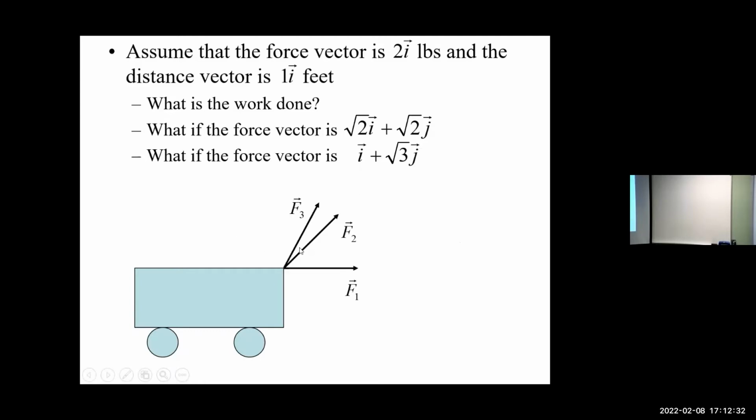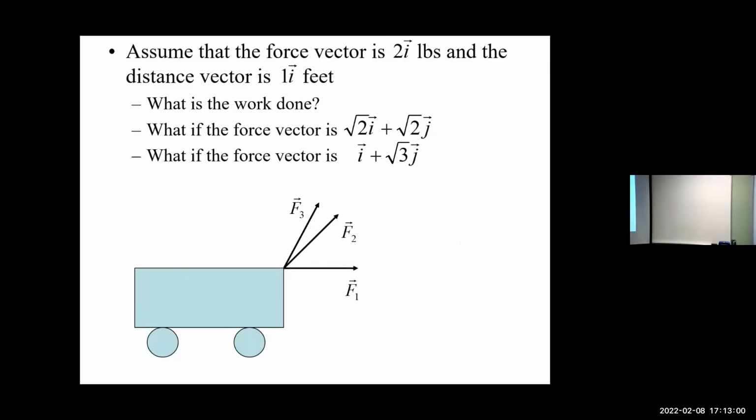You can imagine if we had it at 60 degrees. Now the component in this direction is only 1, and that's what gets multiplied by the displacement. The reason I use this example is that we've all pulled something behind us at some time or another, and we know how changing the angle changes how hard we have to pull.